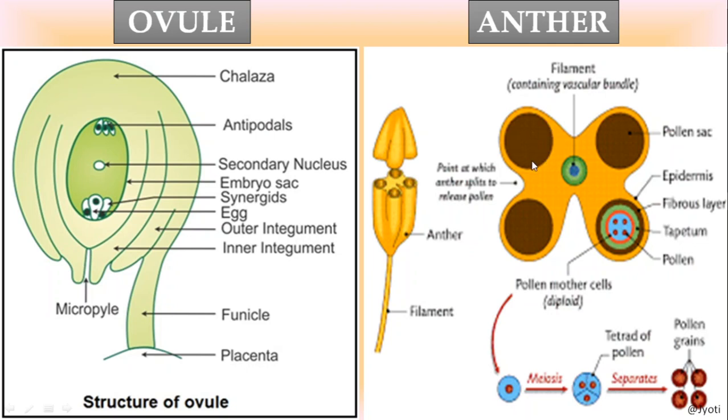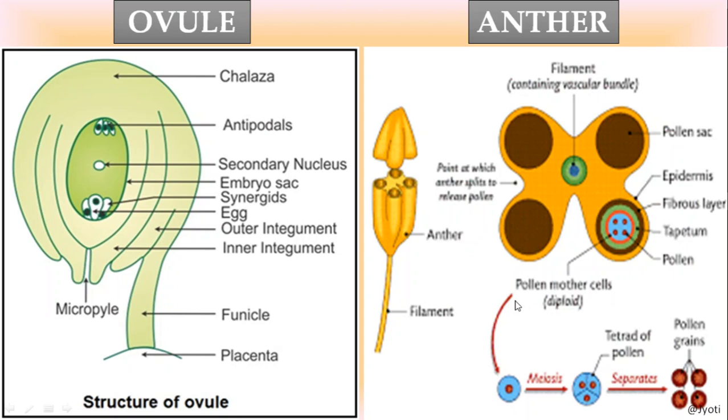Inside the sporangia, the cells are present, and these cells upon maturity become the microspore mother cell, or we can say the pollen mother cell. So here you can see the pollen mother cells are there.